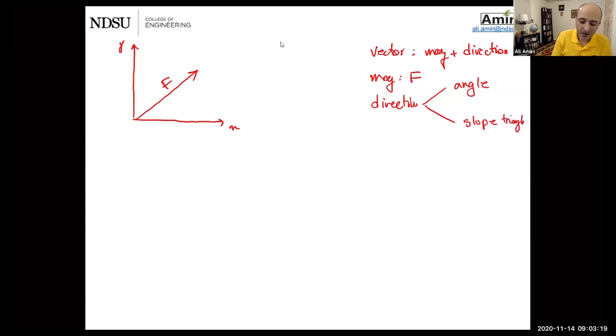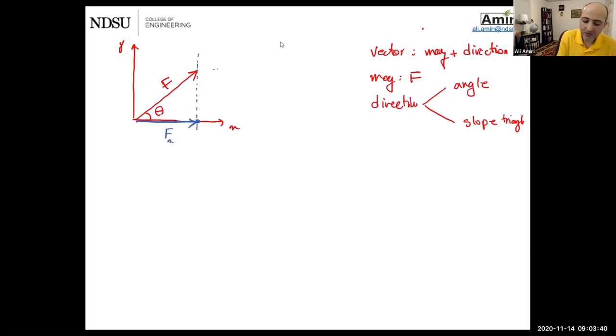I'll go over case number 1, angle theta. To find components of a vector, you go parallel to one axis, in this case parallel to y, and find the intersection. That will be your x component, f sub x.